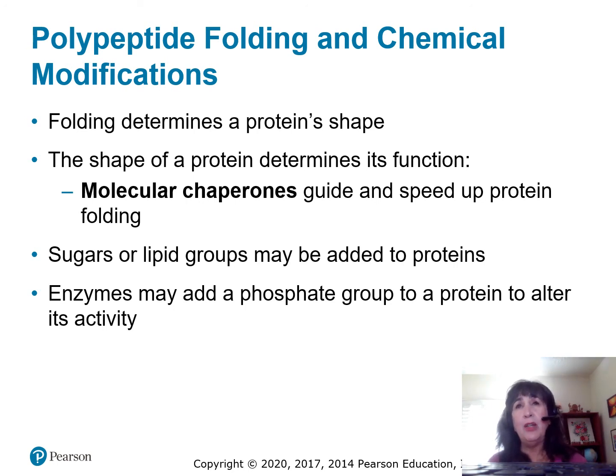These molecular chaperones guide and speed up protein folding. Because remember, for a protein to be functional, shape is critically important. And then also sugar and lipid groups may be added to proteins. So all of these are modifications after translation.